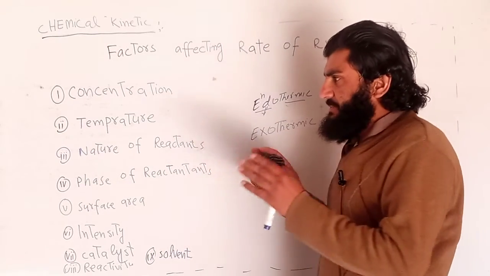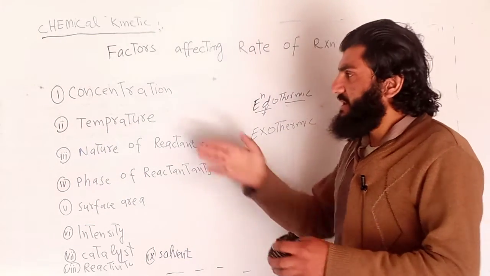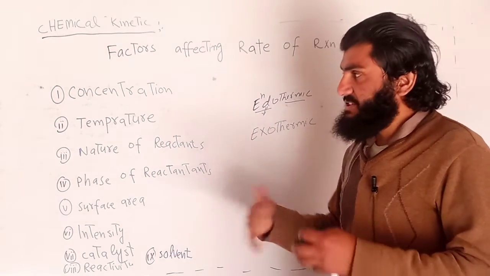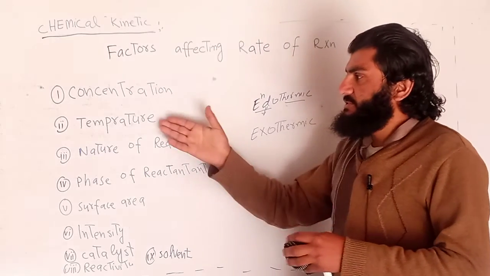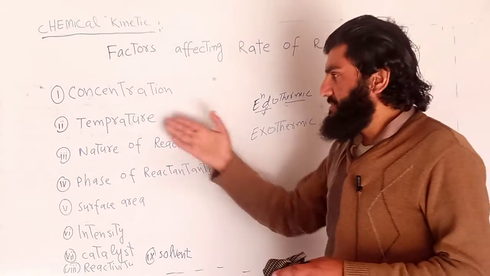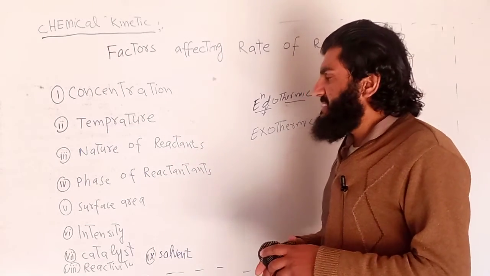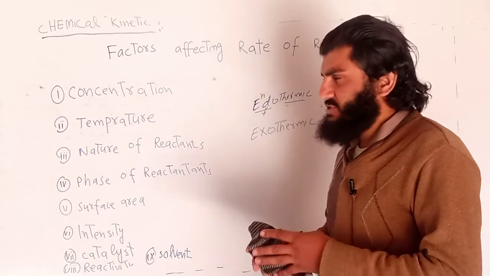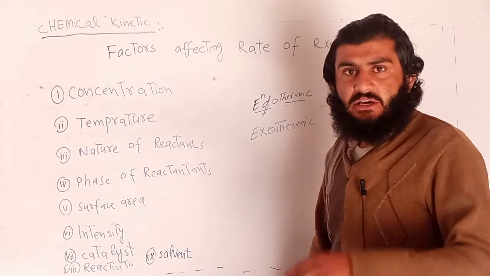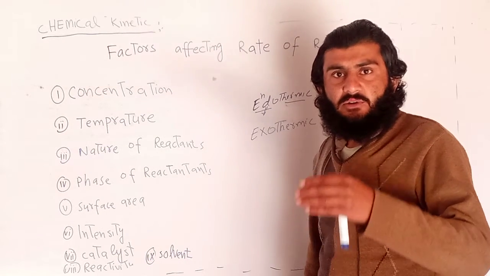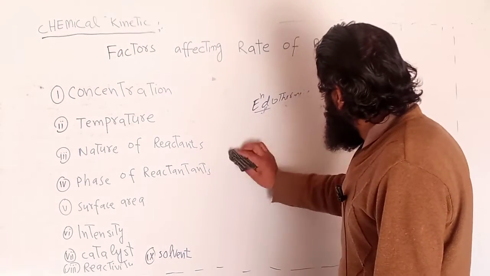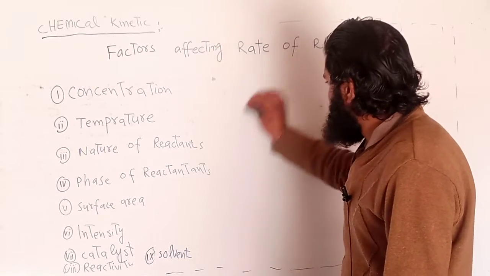There is a lot of detail in this chapter, so we cannot fully explain how temperature affects the rate of reactions now. Temperature has wide detail in this chapter, so inshallah we will discuss it in detail. Basically there are many ways and theories which explain how the rate of reaction is affected by temperature.